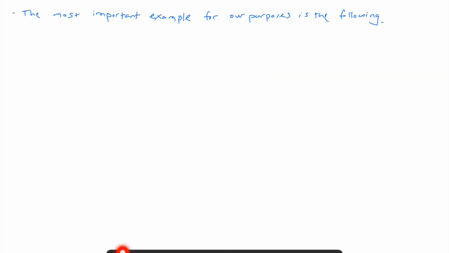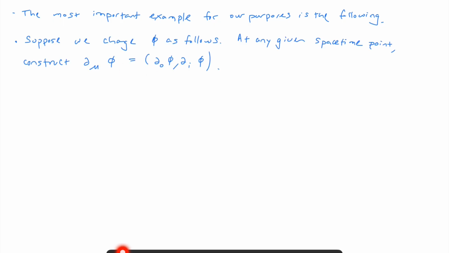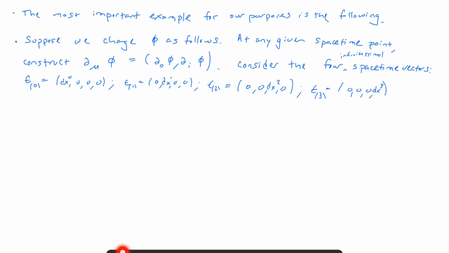We're going to now apply this to probably the most important example, which is that we're going to apply the following very specific symmetry transformation. Suppose we change phi as follows. At any given space-time point, construct ∂_μ φ as usual, where ∂_μ φ is just the time derivative of phi and the spatial derivatives of phi.